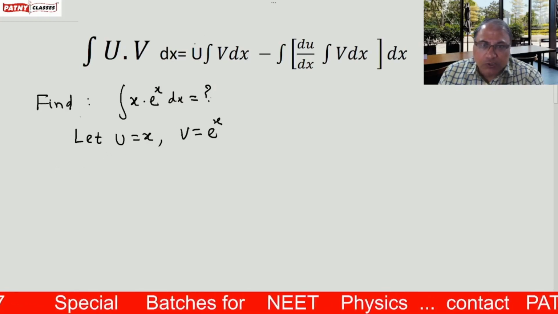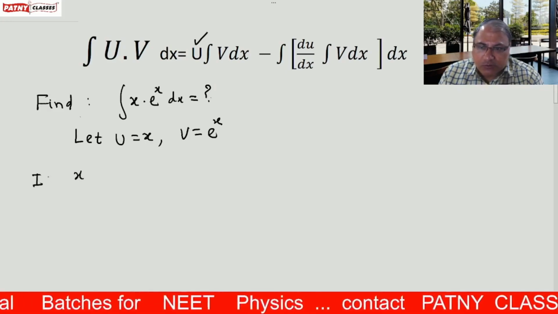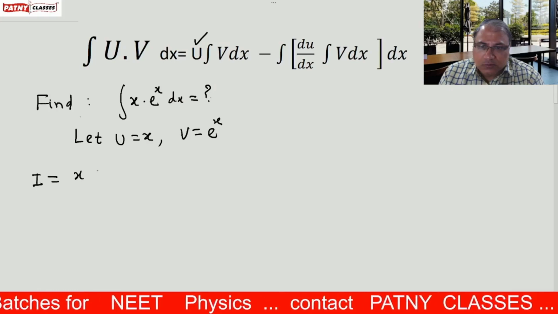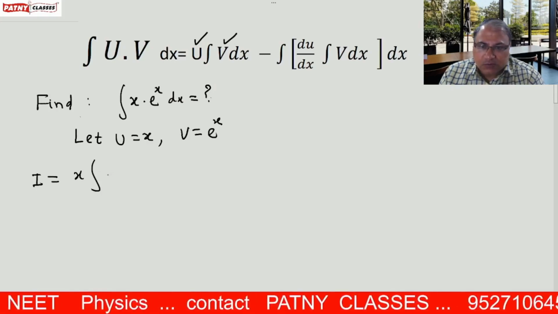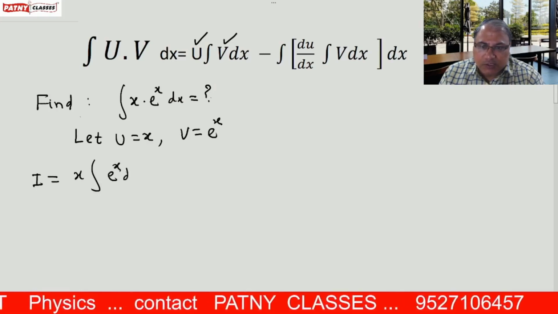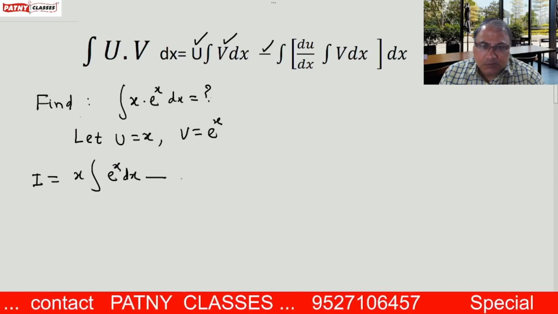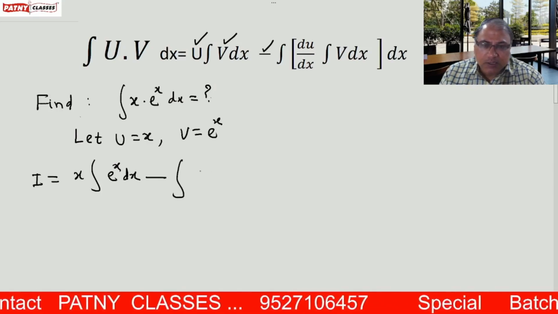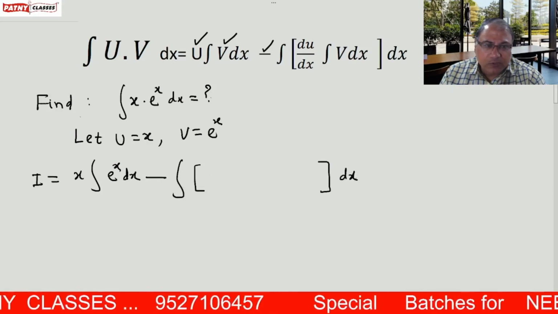So I am having u equals to x and v equals to e raised to x. Let us fit into this formula. So u here is x, I equals to x, and integration of v dx, so v is nothing but e raised to x dx, after that minus, so minus integration of box with respect to x.